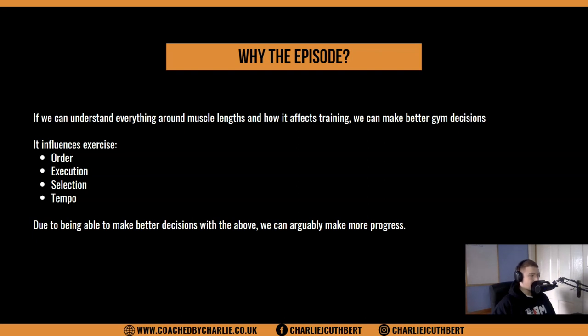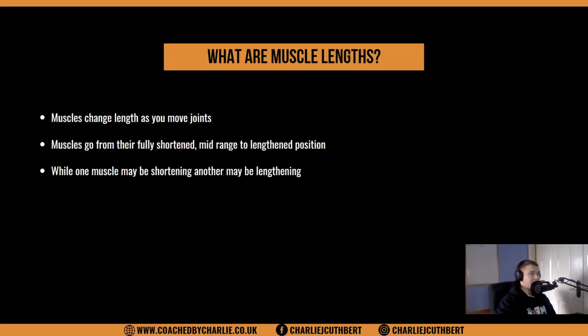So basically how you structure your sessions, how you perform each exercise, and which ones you select, as well as the control you use during each exercise. And arguably we can make more progress due to being able to make more educated and more on paper effective gym decisions.